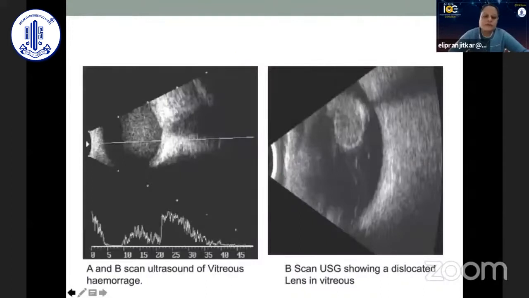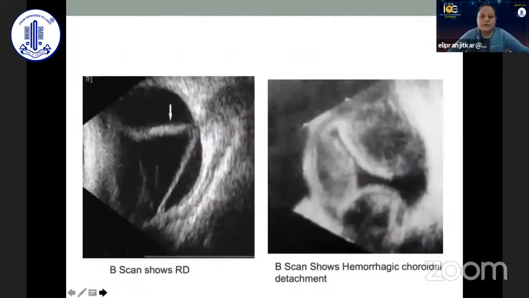And now this one is moderate to low echogenic reflectivity and highly mobile, which disappears in low gain. This is the vitreous hemorrhage, and the next one is ultrasound B scan showing dislocated lens. Next, please. Now this one is V-shaped, echogenic lines forming.